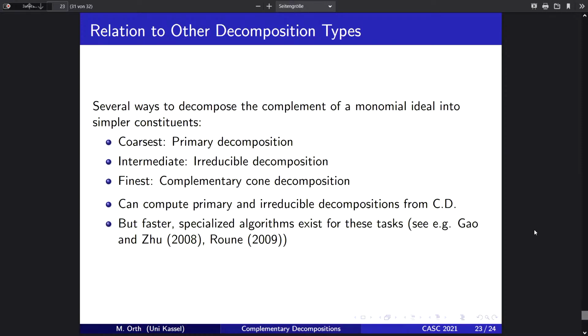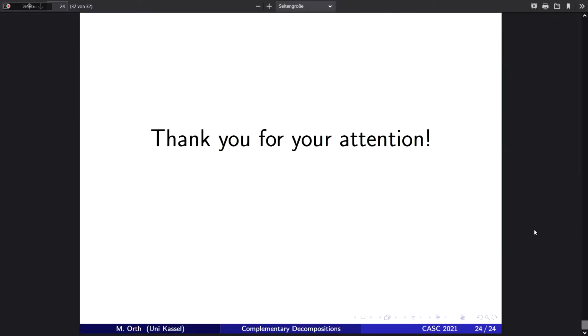It's not surprising: if you have to compute slightly less information, then some algorithms will be faster for these tasks. The algorithms by Gao and Zhu, as well as by Roune, are worth mentioning. Roune's algorithm is, as far as I know, the fastest algorithm for irreducible decompositions. So, by this I finish my talk, and I thank you for your attention.